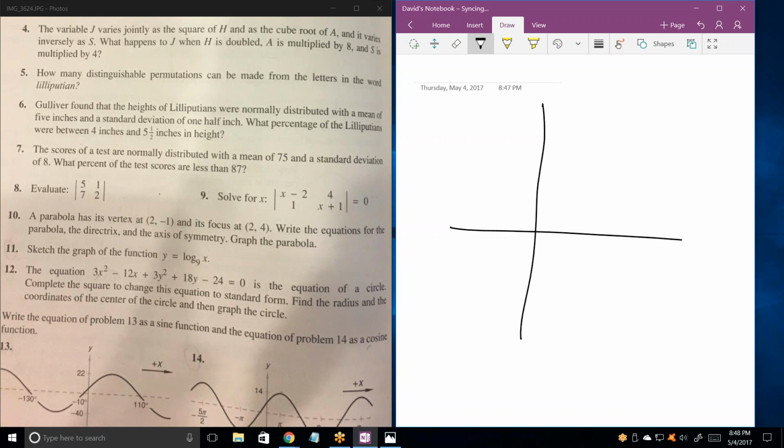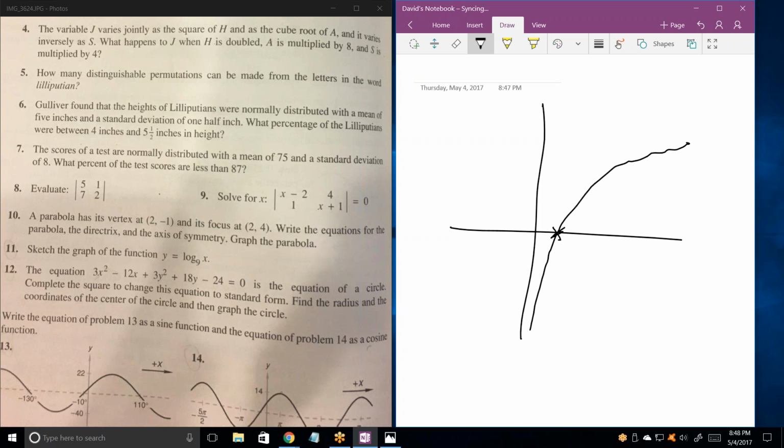Log functions always look just like that, regardless of the base. In other words, that could be y equals log base 2 of x. It could be y equals natural log of x. It could be y equals log base 90 of x. The reason they all look the same is because they all go through the same point.